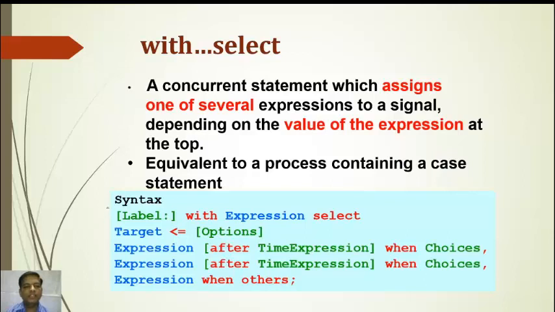So here the syntax for with select: label colon, with expression select, target is equal to options, then expression after time expression when choices, comma, another expression similar to the earlier one, expression after time expression when choices, comma, expression when others, semicolon.